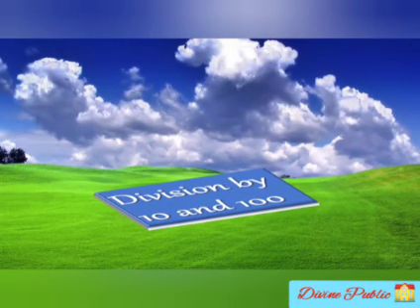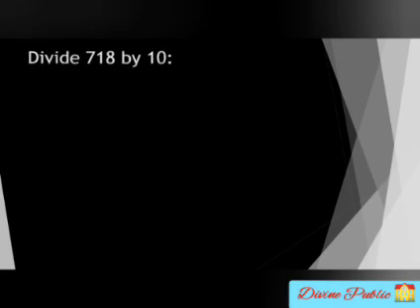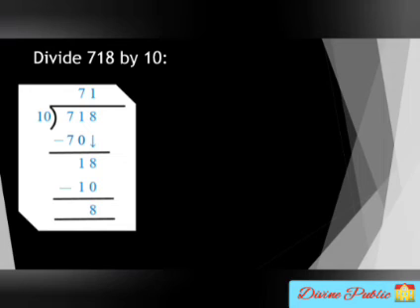Division by 10 and 100. Dear students, division by 10 and 100 and so on, we can do these types of division by two methods. Let us see the first method. Divide 718 by 10. Dear friends, this type of division you know very well.